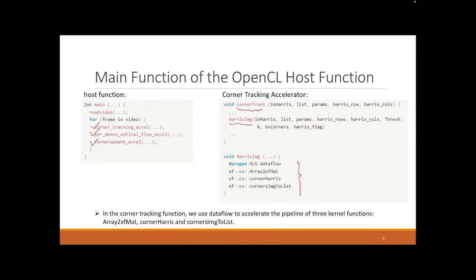First we convert the data into the array type in the Vision L1 function, then we use a corner Harris function, and then we convert the corners to a list. These three are L1 functions in the Vision library.